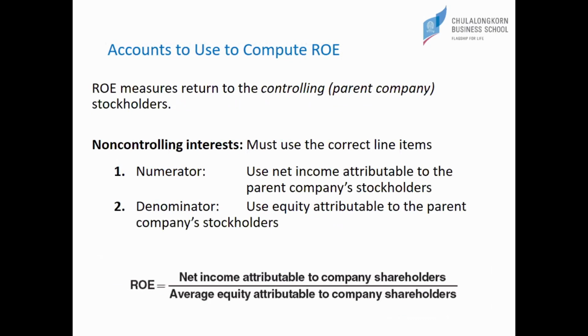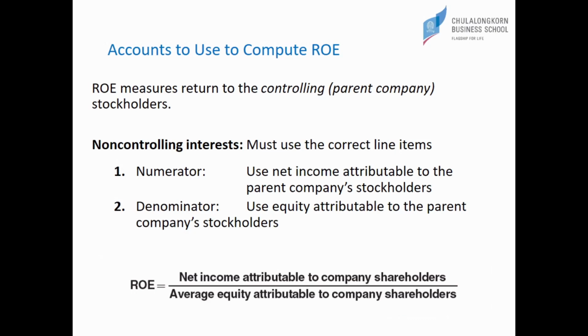And there can be another complication, which can be a little bit more subtle. It's when we have this non-controlling interest. So we also have to make some adjustments to the ROE. In this case, for the numerator, we use the net income that's attributable to the controlling shareholders of the company.